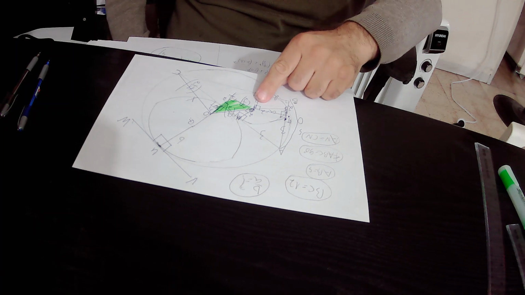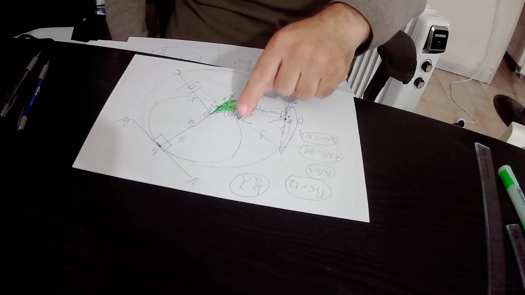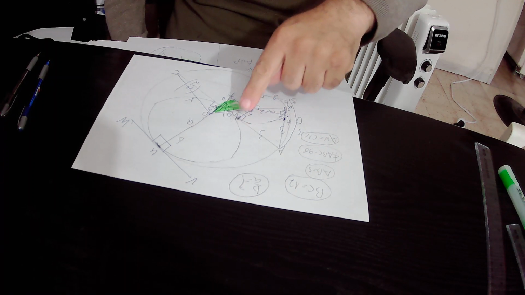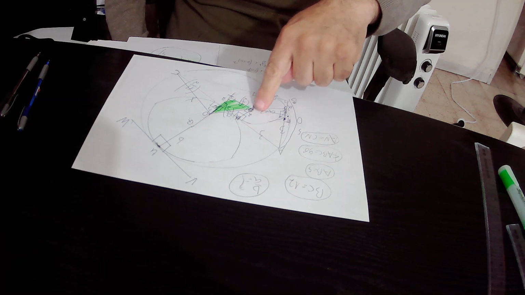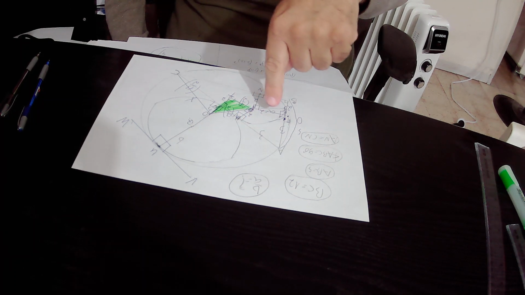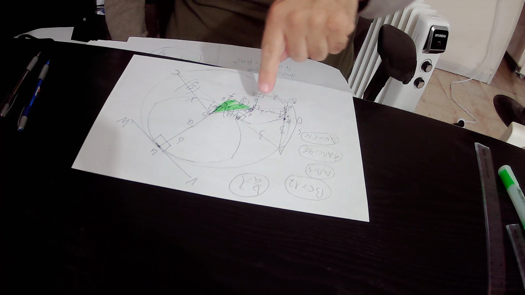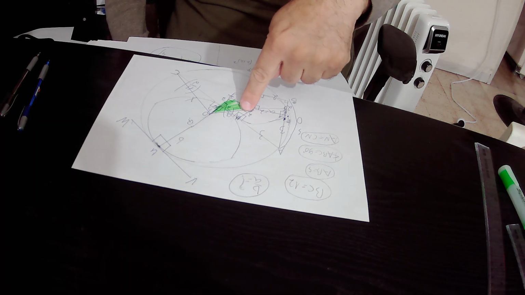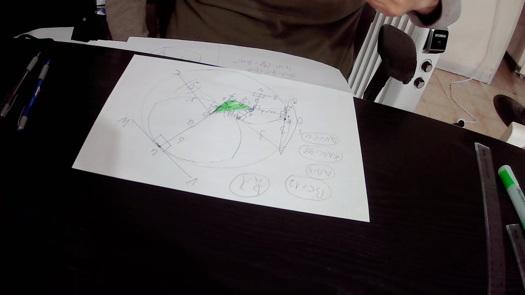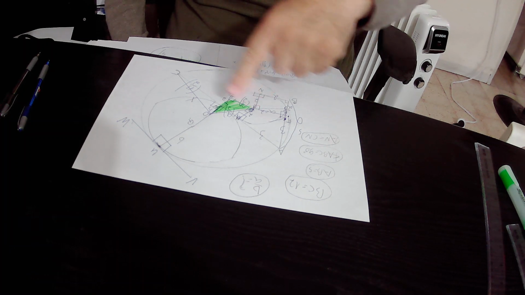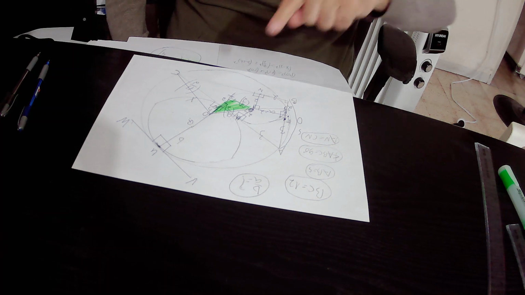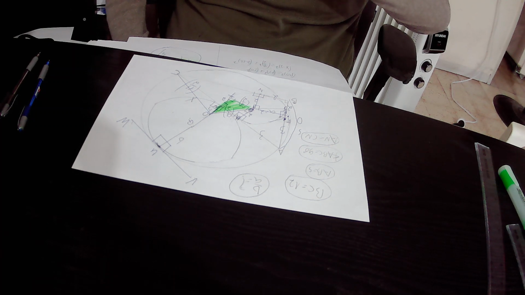Then from point P, we draw a perpendicular to the radius MP at P. Again, we draw a perpendicular to the radius MP at point P itself. So actually, this angle equals 90 degrees according to our construction. So in total, in quadrangle MNTP, we have 1, 2, 3 right angles. And therefore, the fourth angle must be equal to 90 degrees.